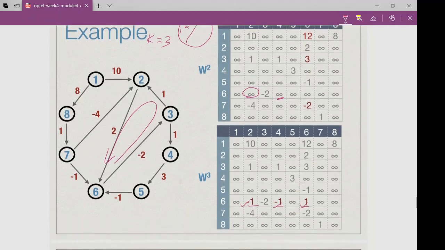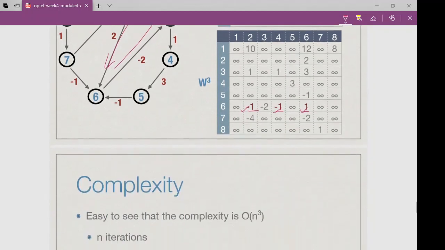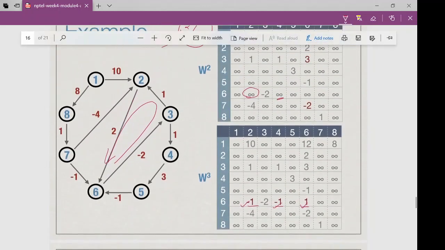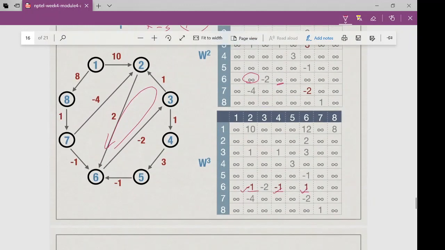So we carry on this way. I will not show you the entire thing, but trust me, when you come to wn, see, this particular matrix is showing the shortest paths you can take from any node to any other node considering nodes 1, 2, 3.